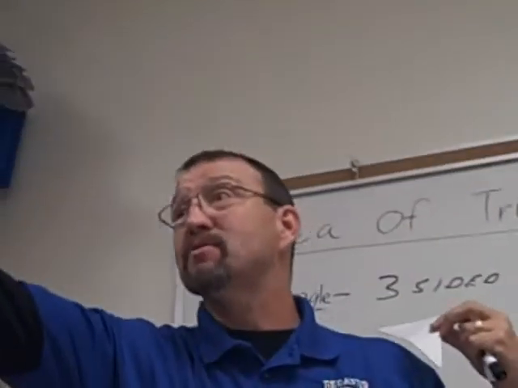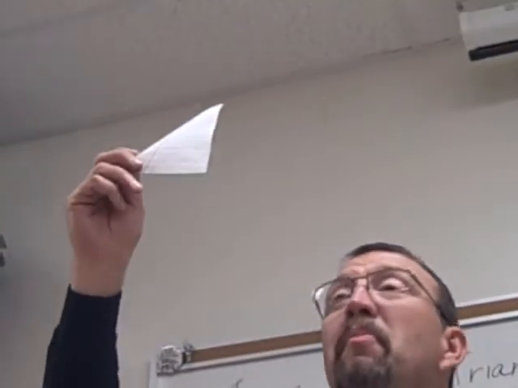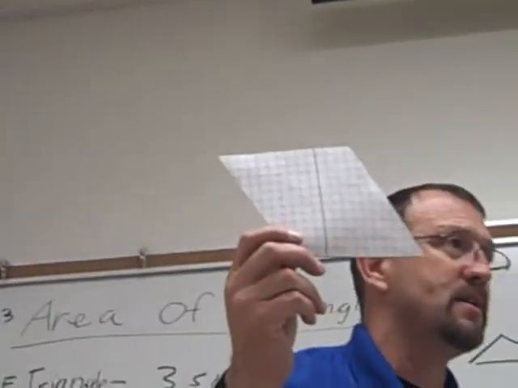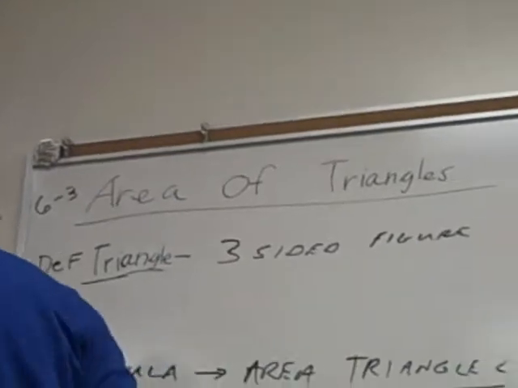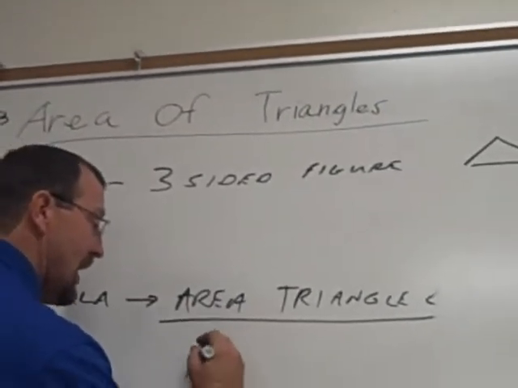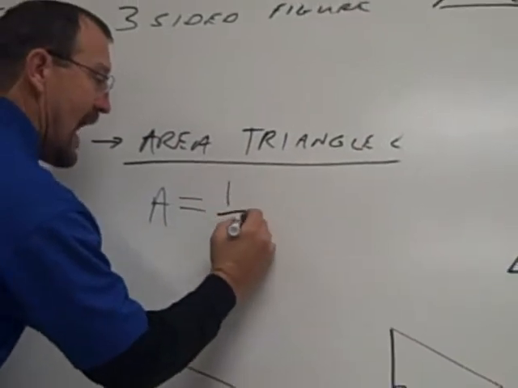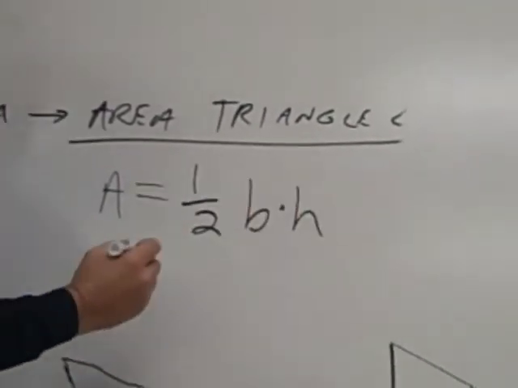Yesterday we did base times height. Today we're going to do half of the base times height. So, I'm guessing our area then is half of the base times the height.